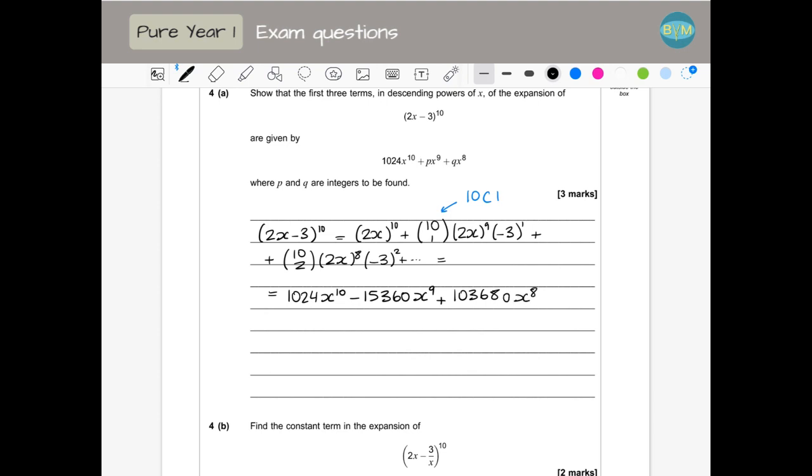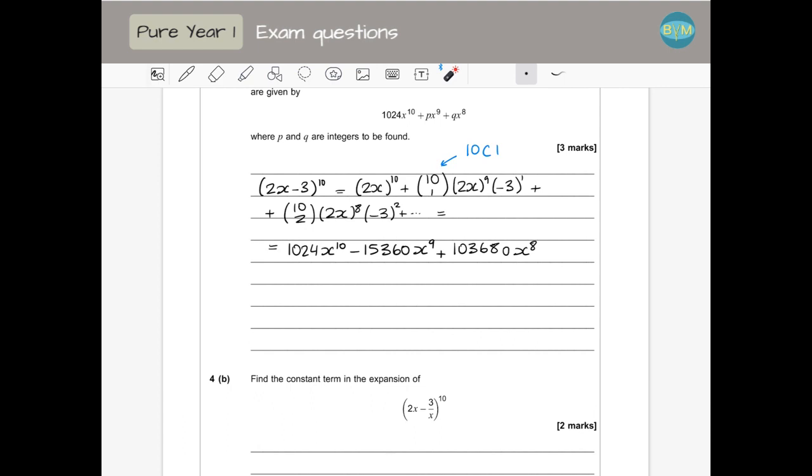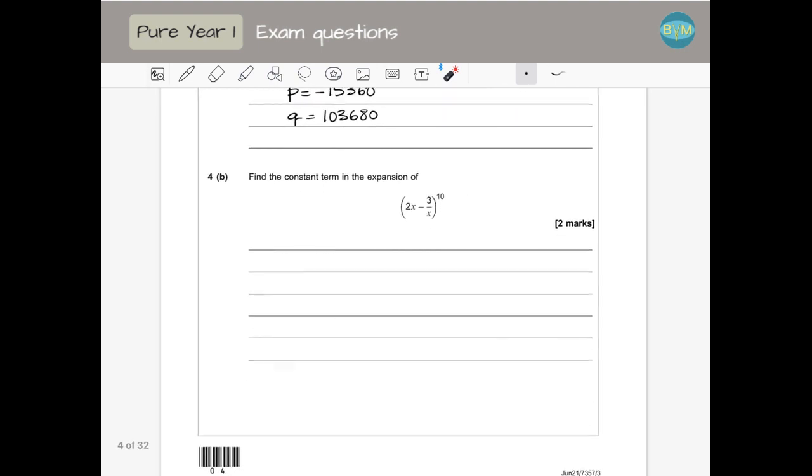So we have the first three terms in descending powers of x. And p and q are constants to be found, so I will make a note that p is minus this number here and q is this number here. Every time they ask you for constants, even if you write the expression, I will write the value of the constants apart just in case.